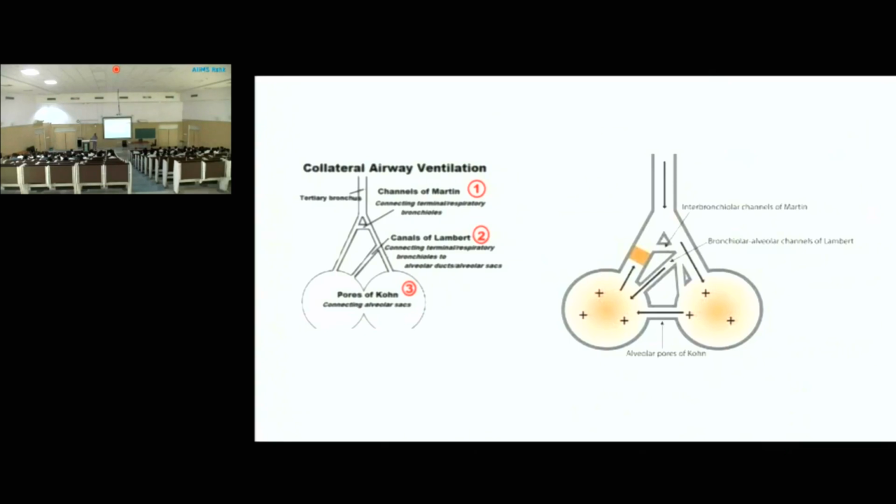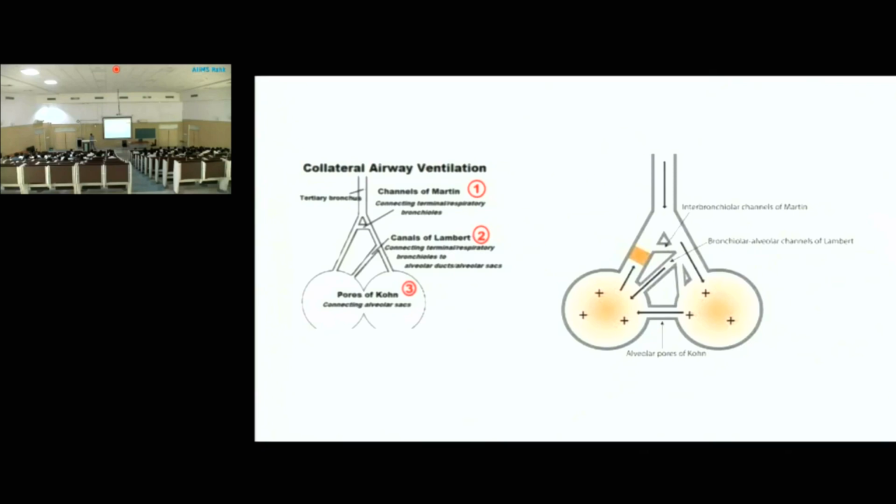Right? So what are these? Because all these three have MCQs, 3 MCQs, different principles. The connection between two bronchioles, the interbronchiolar channels or interbronchiolar connections, are called the channels of Martin.